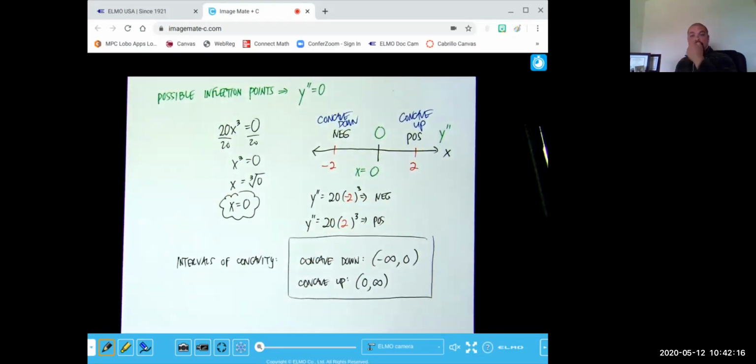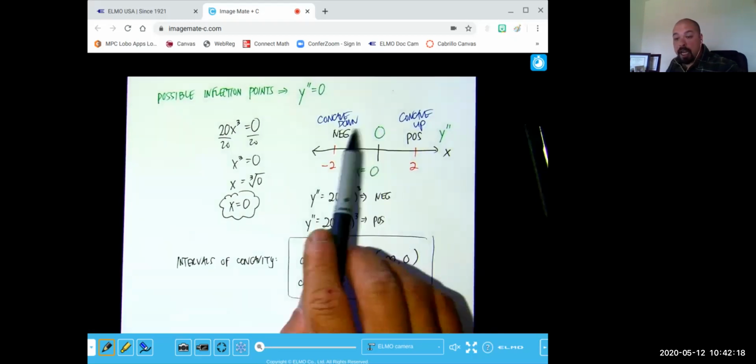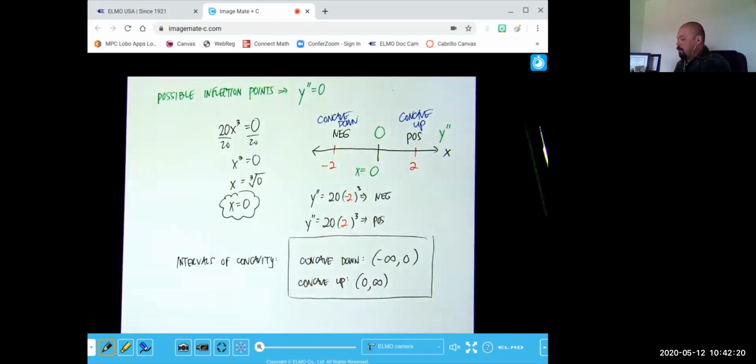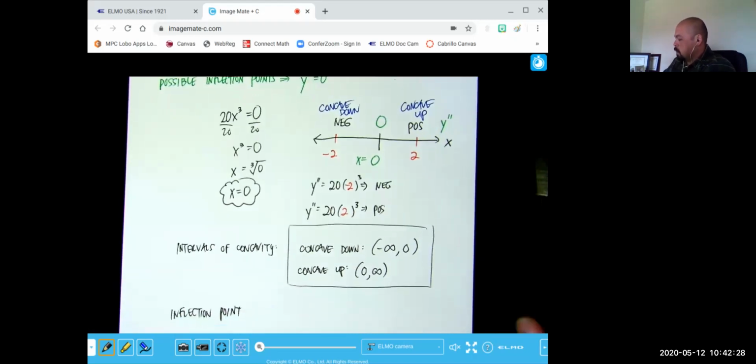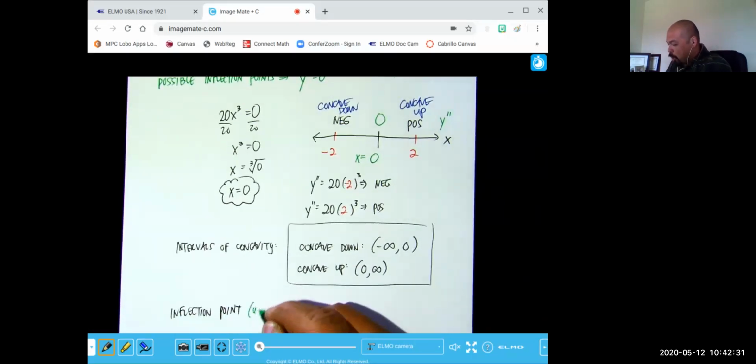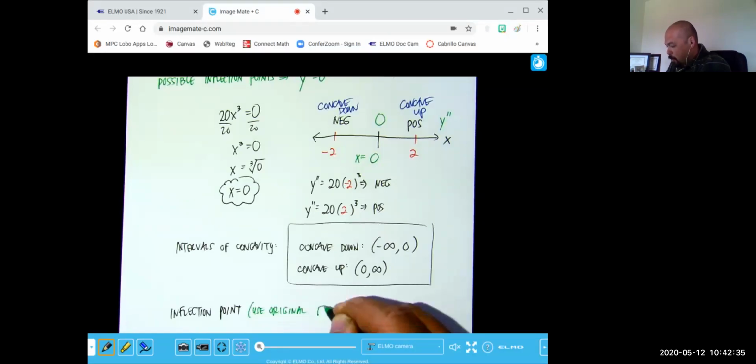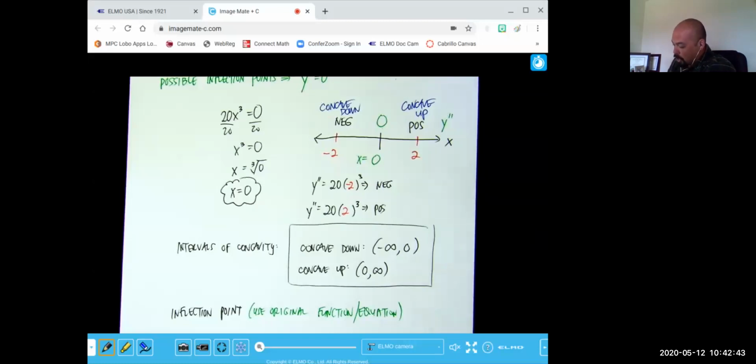All right. And then because we indeed do change direction of our concavity, for our inflection point, right? As I mentioned before, we're going to use our original function, original equation. Anyway, we had the x equals 0.